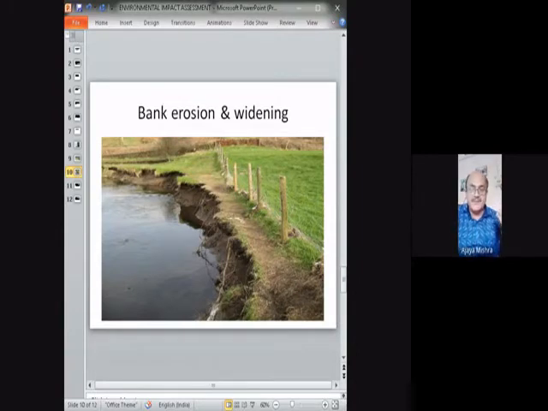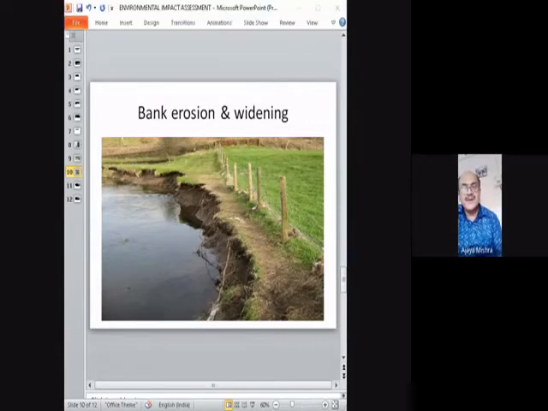Now, the government has prepared the lease, and the person who has taken the lease has prepared the environmental impact assessment.